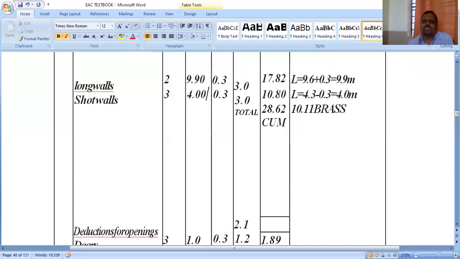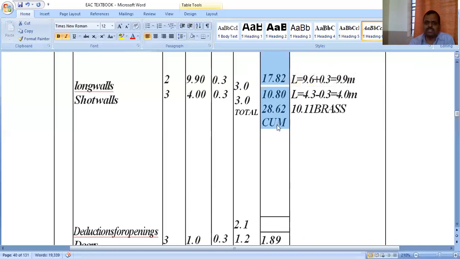Next, we are going to see the total brickwork. How to calculate it? The total brickwork is the quantity of the long wall plus the quantity of the short wall. The quantity of the long wall is 17.82 plus 10.8, which gives us the total quantity of 28.62 cubic meter. Now you know that on the construction site, all things are required in terms of brass.